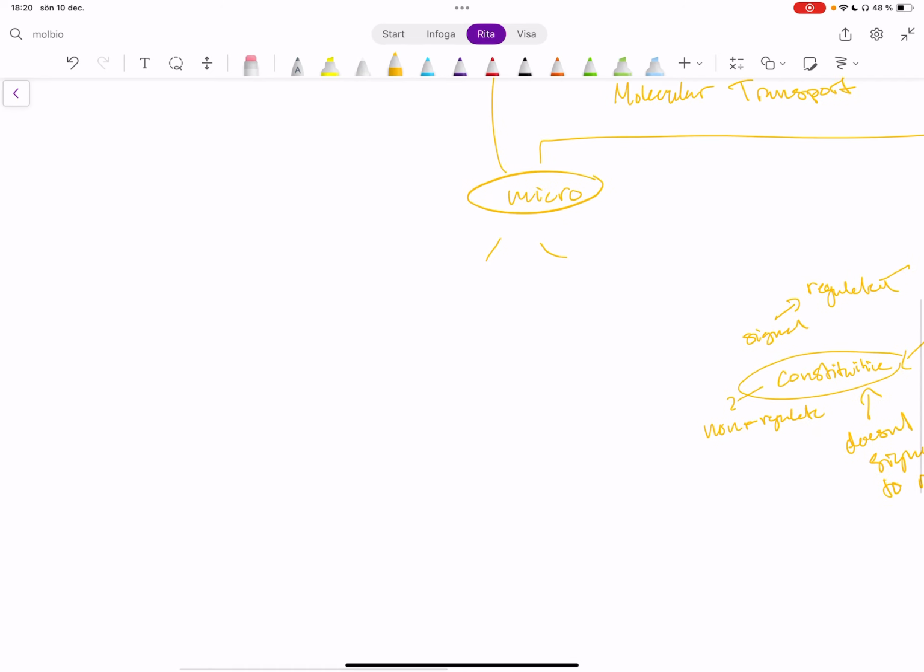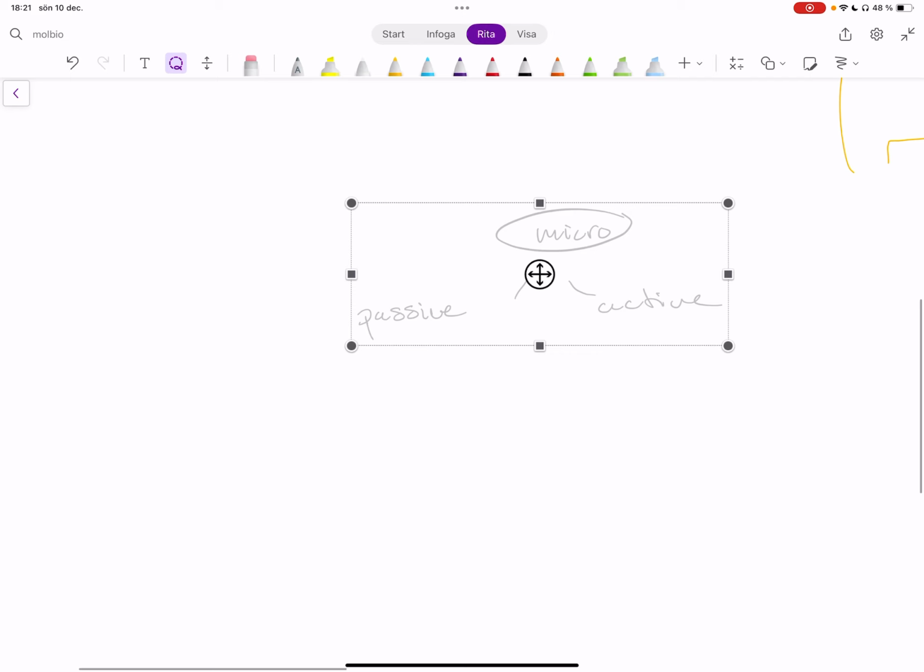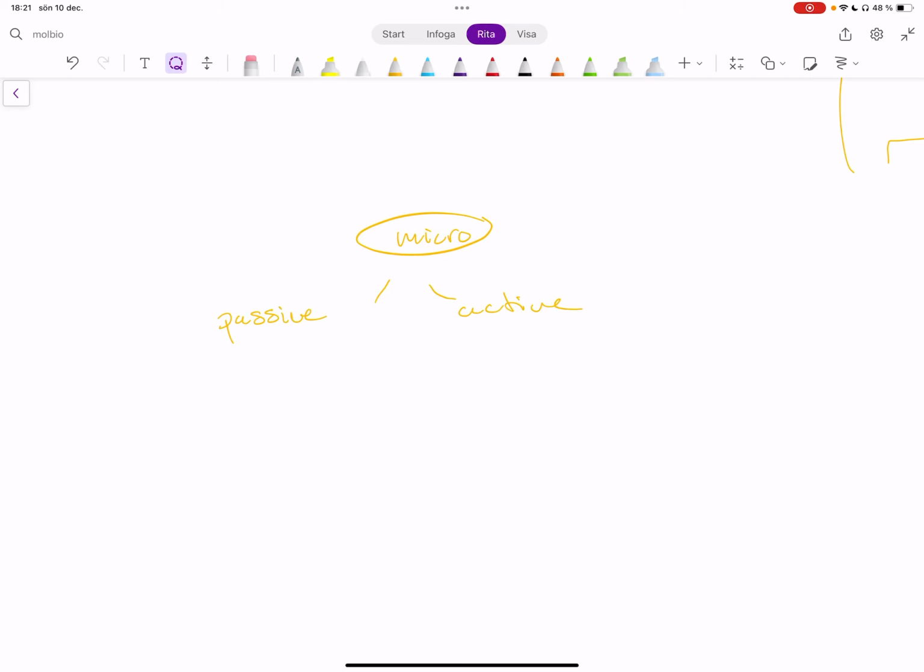Macromolecules. This is the main division that everybody does, which is either passive or active. So does it need energy or does it not need energy?